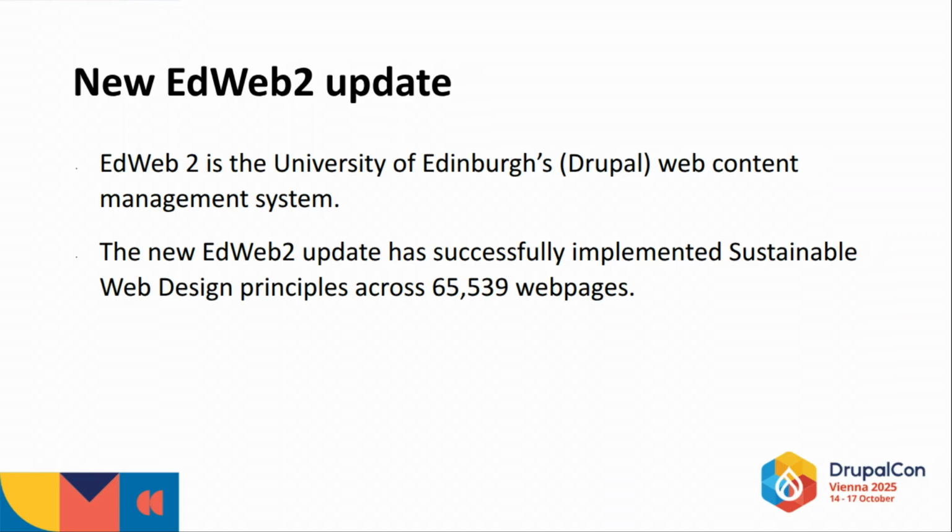65,539 pages. Now, this is where I'm going to start getting into trouble, because I'm trying not to tell you how many websites we have. The way that EdWeb 2 is structured, and I'm not an expert in this, is that you've got the core code base, and then the way that it's architected, we have a number of websites for schools and departments, and it's all controlled by that core code base.